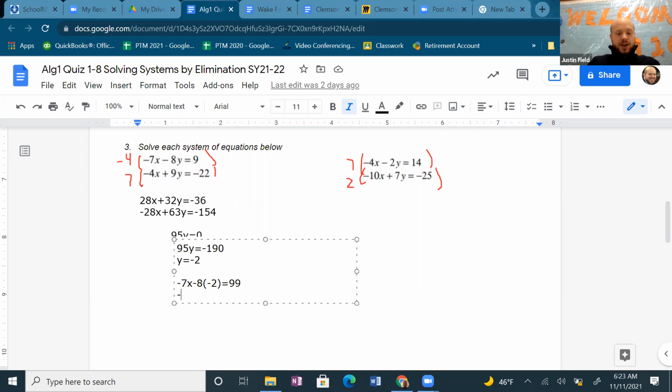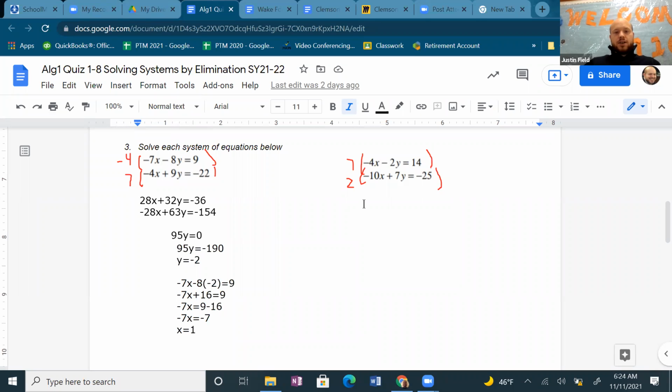All right, so -7x plus 16 equals 9. And then -7x equals 9 minus 16 on the other side. What's 9 minus 16? -7. X equals -7, so x equals +1.